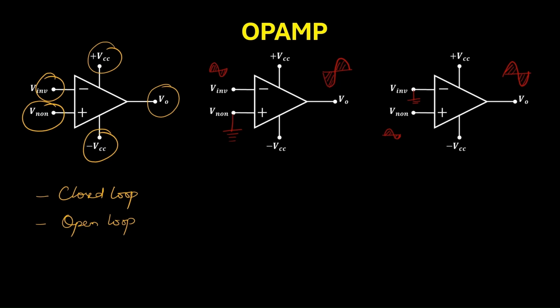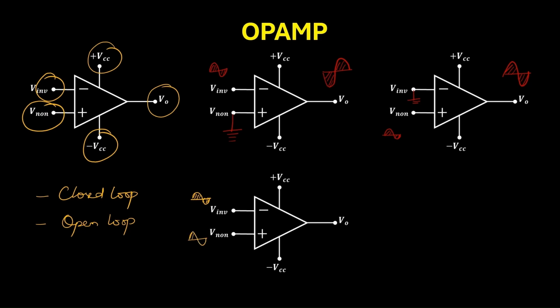What if we give input to both the terminals? Say here in this case, I am not grounding any one of them, and we are supplying one signal here, another signal here. So in this case, the output will be given by the gain times the difference between the 2 inputs.